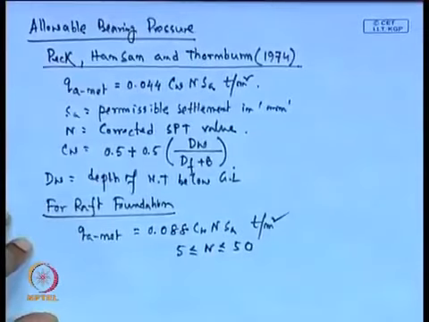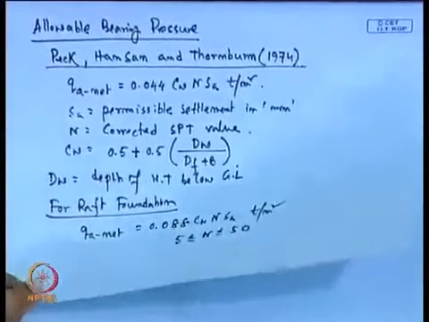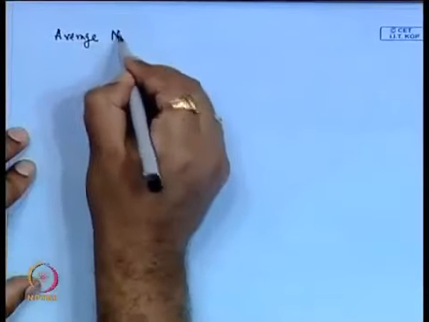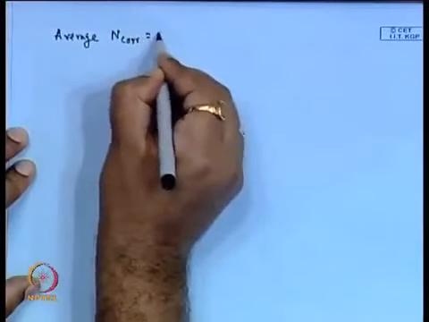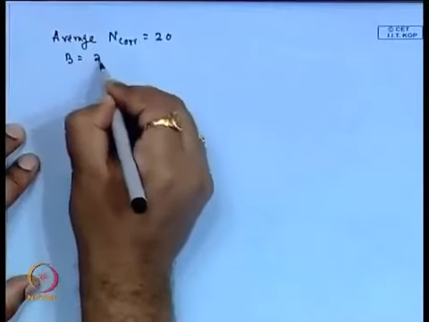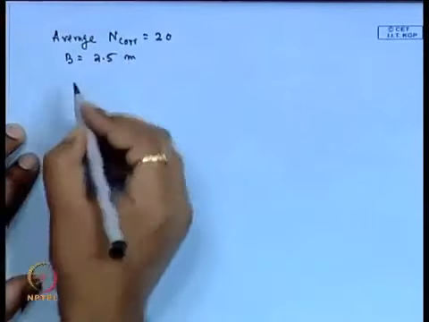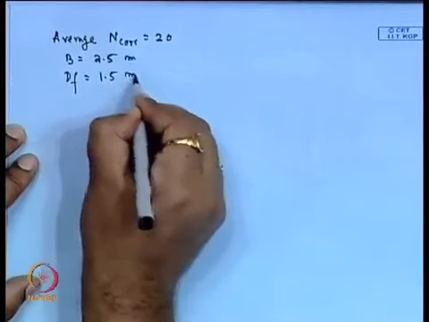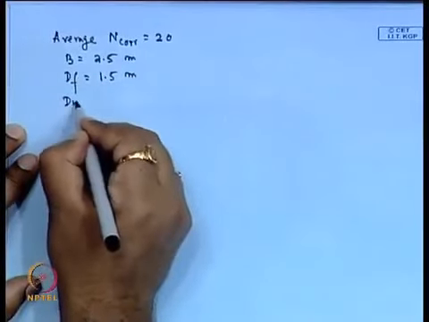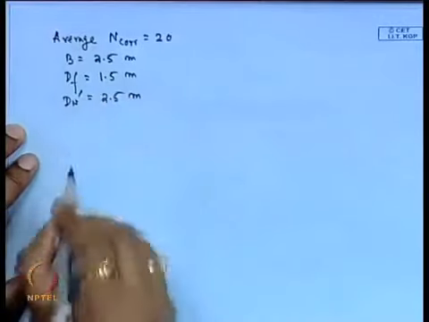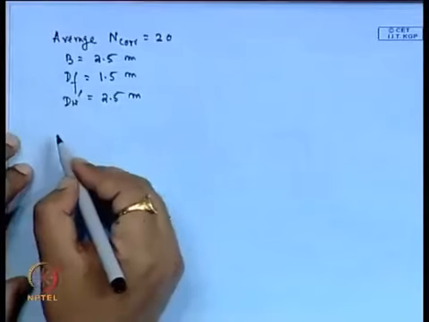So, now for this case, suppose the average N corrected is 20 say, and width of the foundation is say 2.5 meter, and depth of the foundation is say 1.5 meter, and dW is 2.5 meter from the ground level, depth of water table from the ground level.